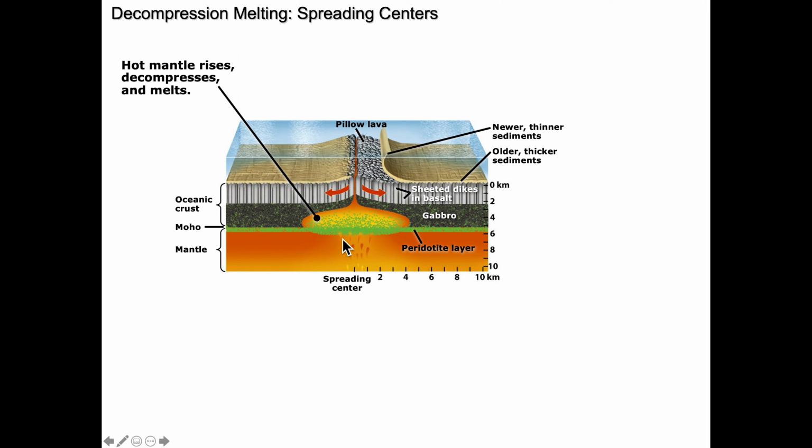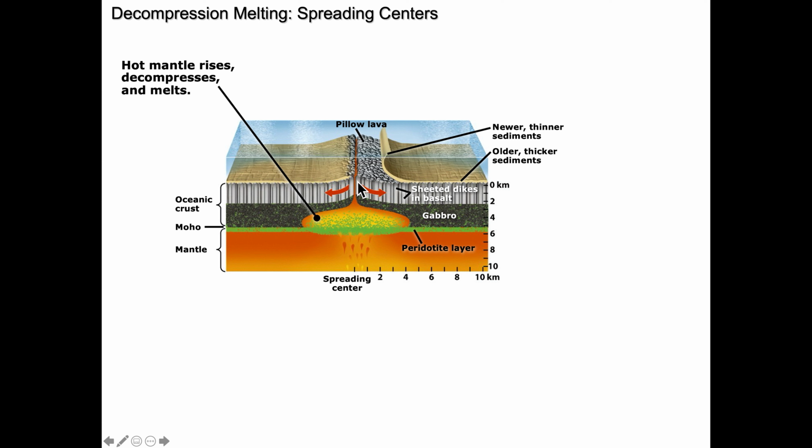We have hot mantle material starting out as peridotite that is rising into the crust. So this peridotite is migrating through a gabbro. It's going to be picking up some of this gabbro material and precipitating olivine crystals. Those olivine crystals are going to produce a peridotite layer here.